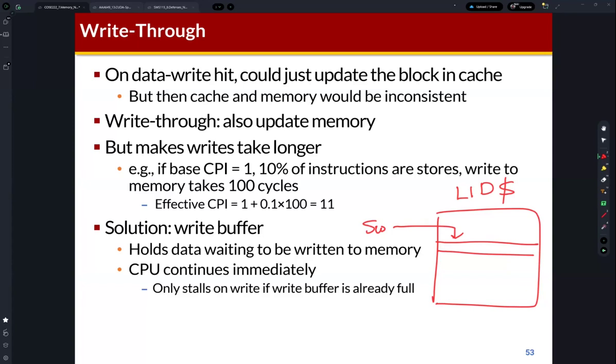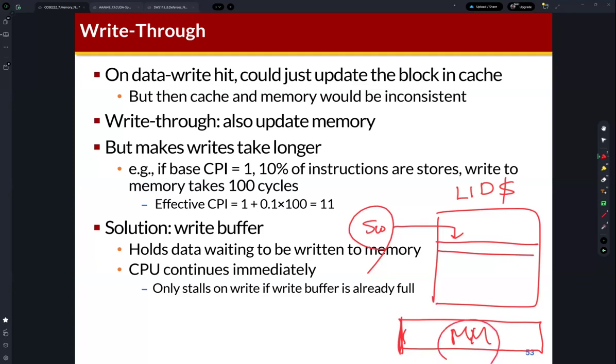But I mentioned that the cache is a temporary space, right? And the store instruction needs to modify or update main memory. This is the definition of the store instruction. Which means if the store instruction is executed, it needs to update the main memory, right?